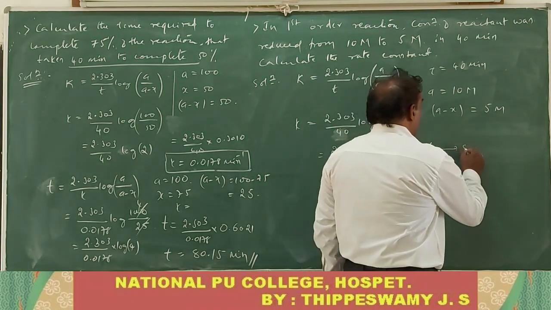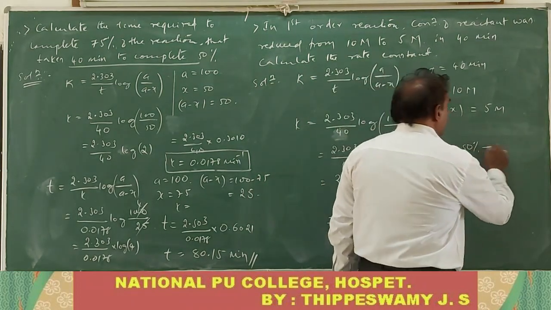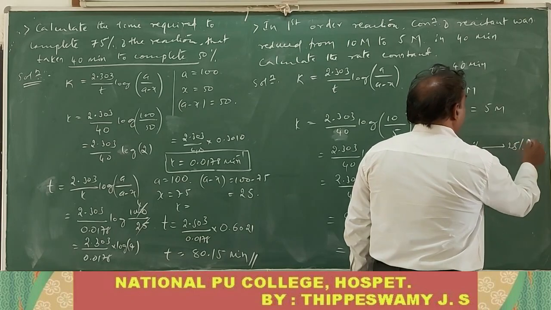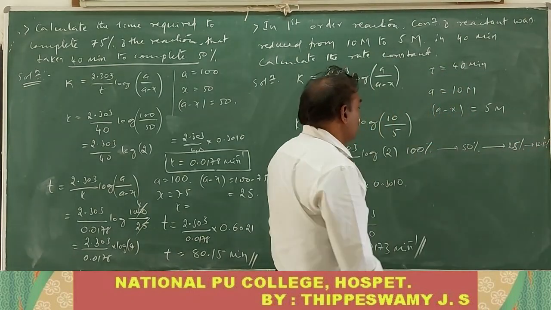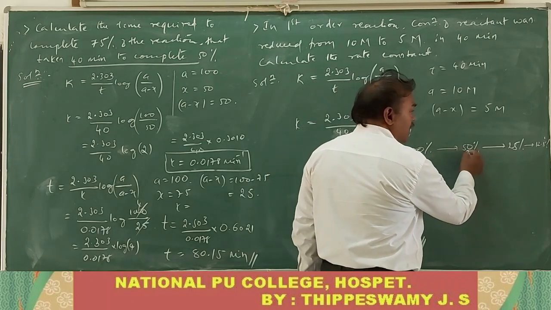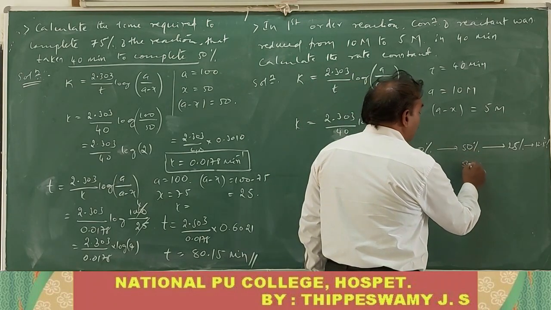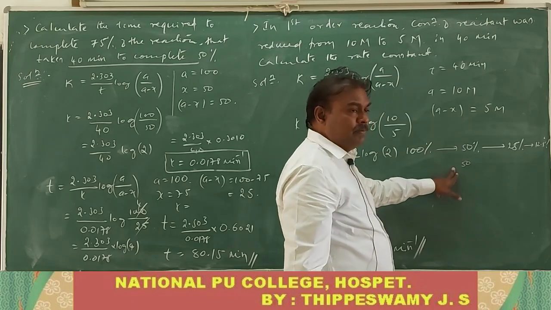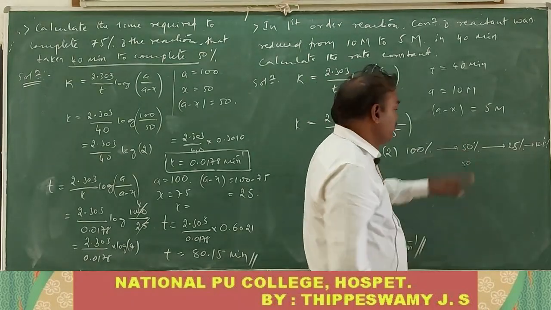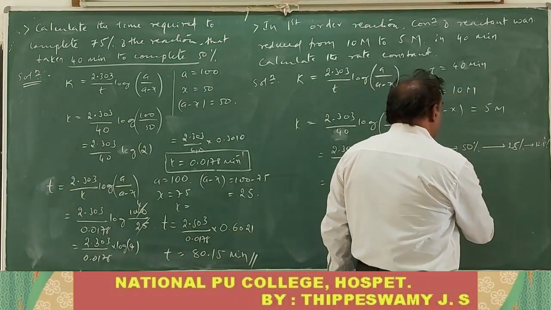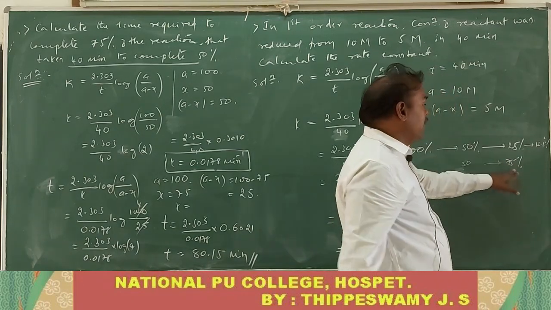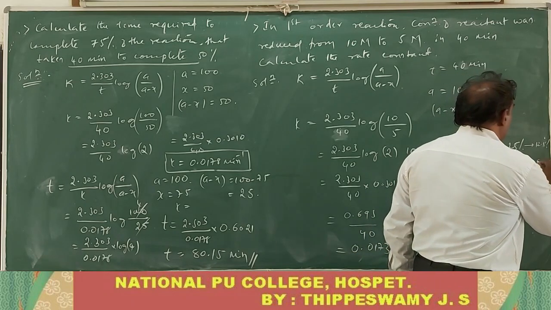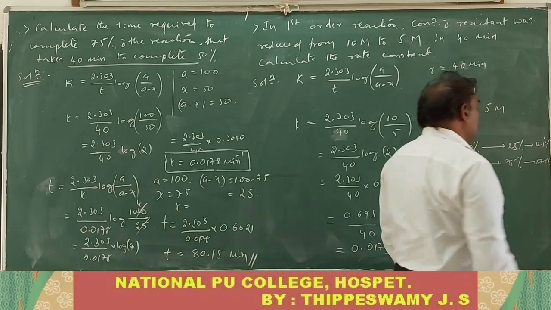It is reduced to 50%, then again to 25%, then to 12.5%. If 50% completed, that means 50% is remaining. Now 50% is remaining, 50% of the reaction is completed. Here 75% of the reaction is completed. Here 87.5% of the reaction is completed.